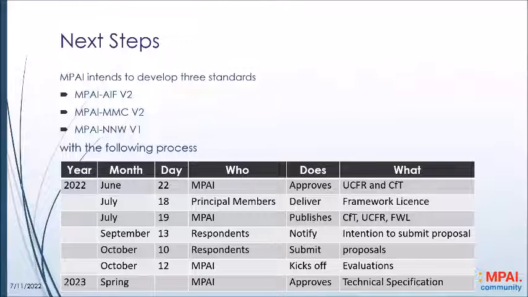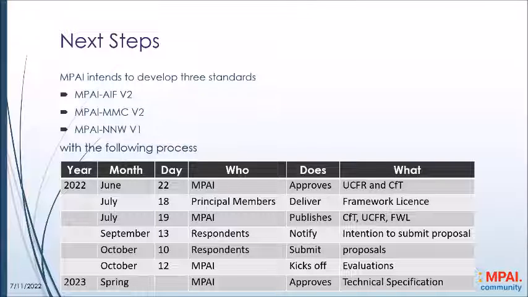Okay, so next steps. We're going to publish on July 19th the call for technology focused on version 2 on security, with the kind of requirements that I outlined in the presentation. In mid-September we'll get notifications, so you have to notify if you plan to submit a proposal.